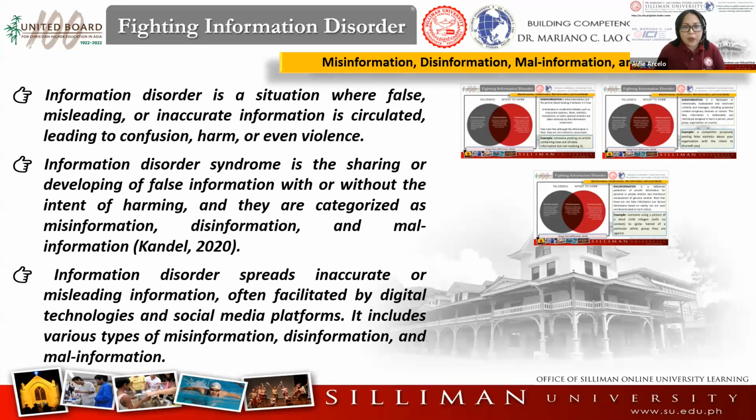So information disorder is defined as being spread or created with a goal to damage someone. It's created in such a way that it could damage a person, a community, or the users.